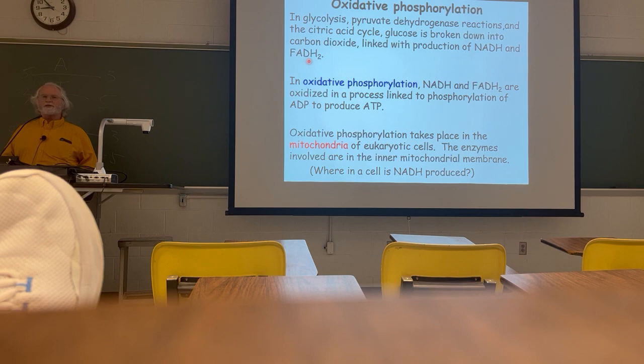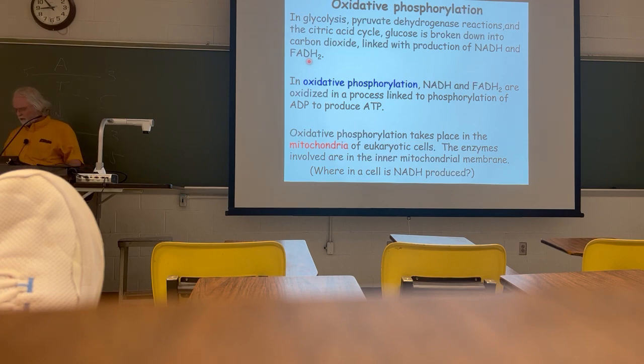Where does glycolysis occur? Cytosol. Okay. And where does pyruvate dehydrogenase? In the mitochondrial matrix, inside the mitochondria, and the citric acid cycle is in the same compartment. So pyruvate dehydrogenase and citric acid cycle are in the inside of mitochondria.